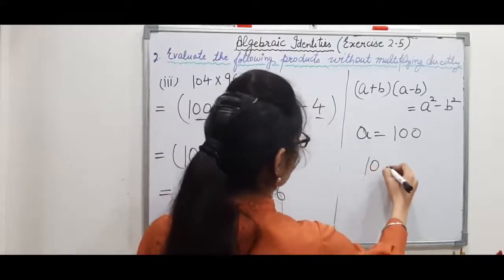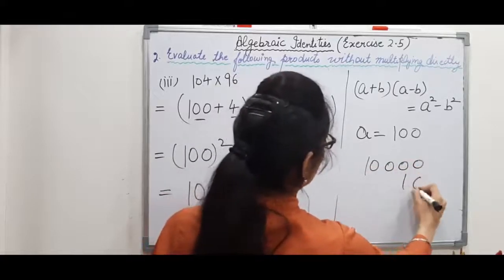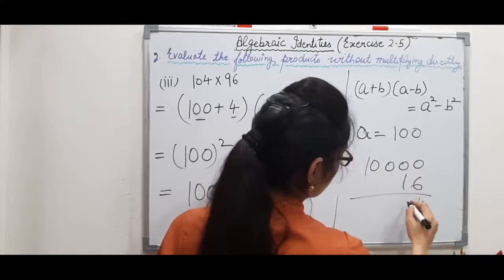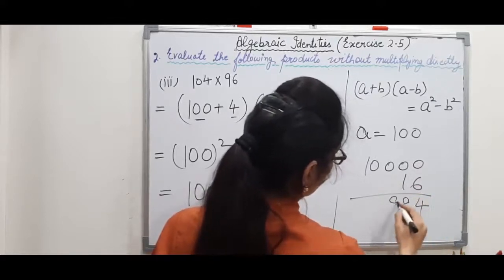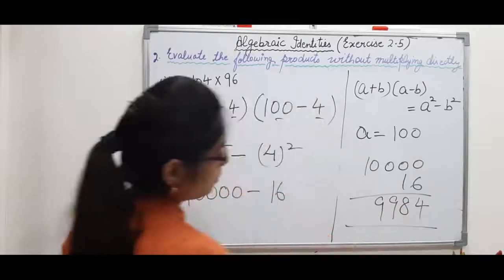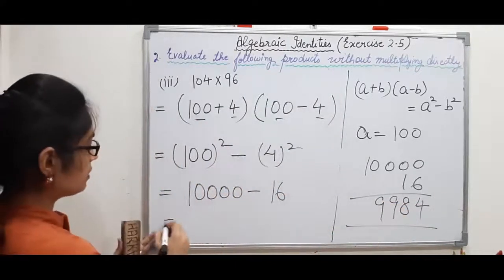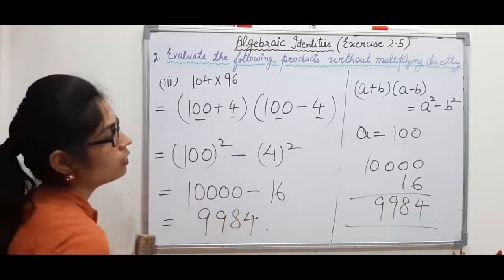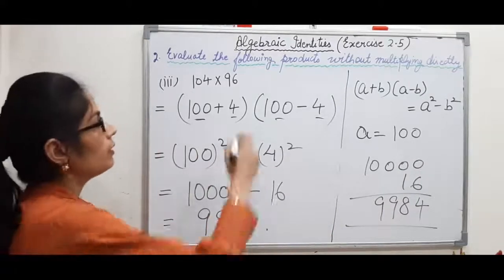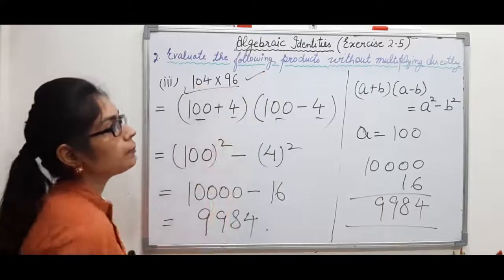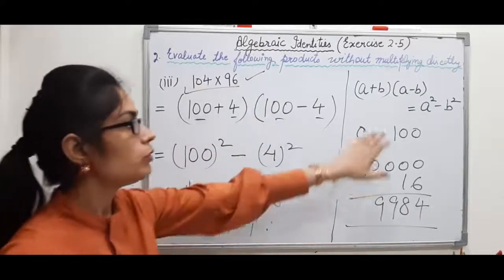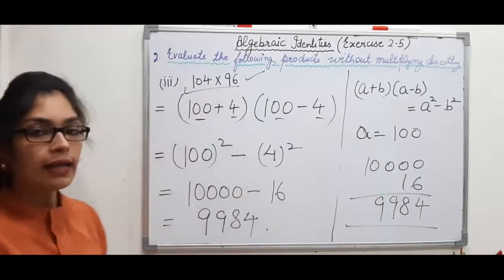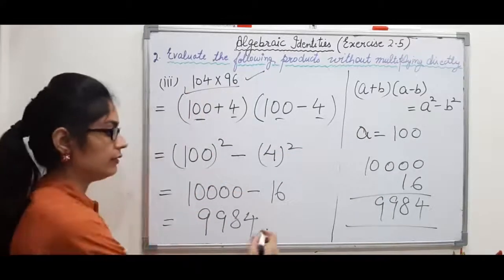So 10,000 minus 16, simple subtraction, it is equals to 9,984. So this again we have done without doing direct multiplication, instead we have used the algebraic identity. If you want, you can check by doing the direct multiplication also, you will get the same answer.